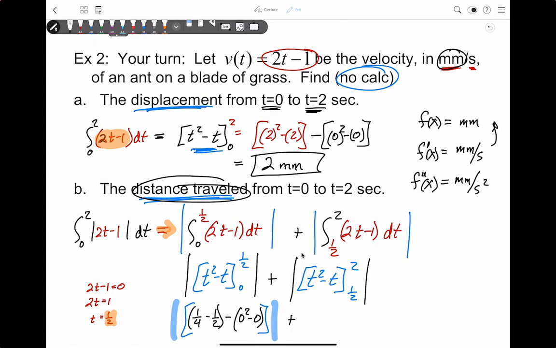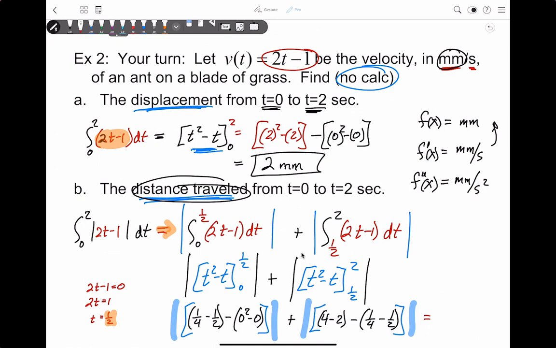So 2 squared is 4 minus 2. This is that f of b part. Plug in the 1/2 where t's are at. So now we have 1/4 minus 1/2. All of this is now f of a. And then after that, we're going to go ahead and take the absolute value. And everything added up together is going to give us our final answer.